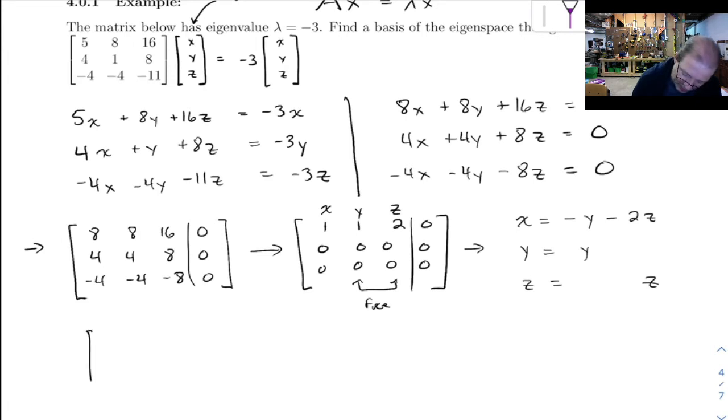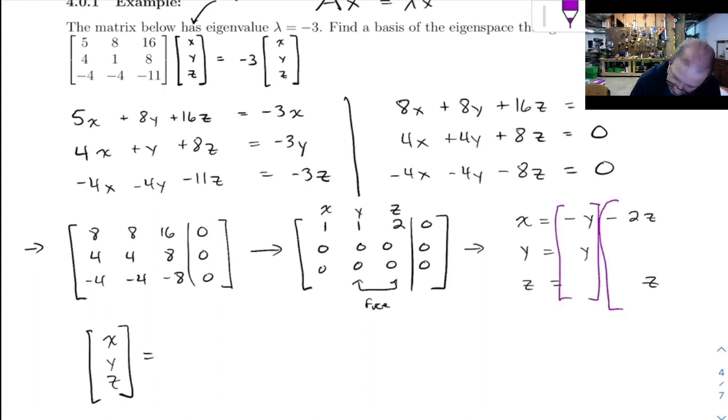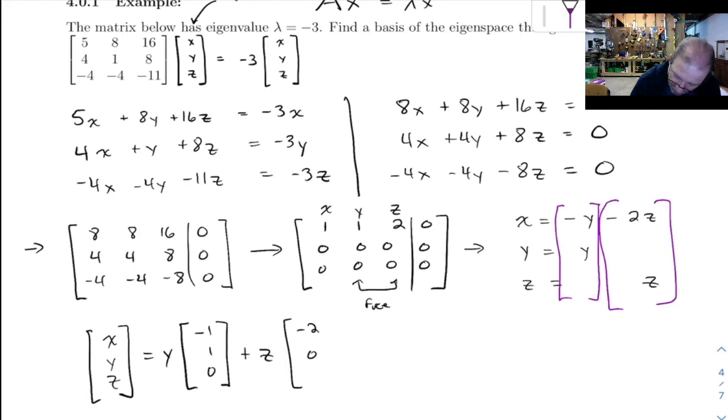So I can rewrite this for my vector x, y, z. Basically, we've got this plus this. So this is equal to y times (-1, 1, 0) plus z times (-2, 0, 1).